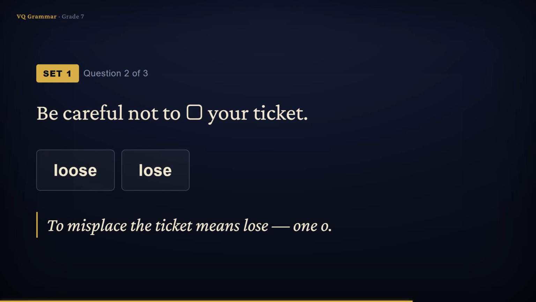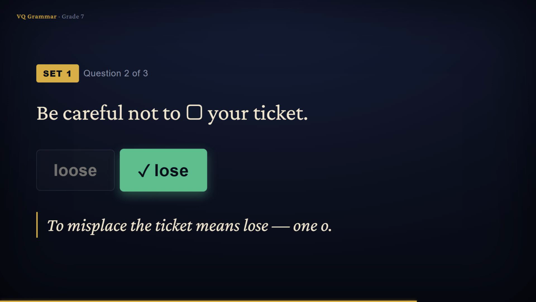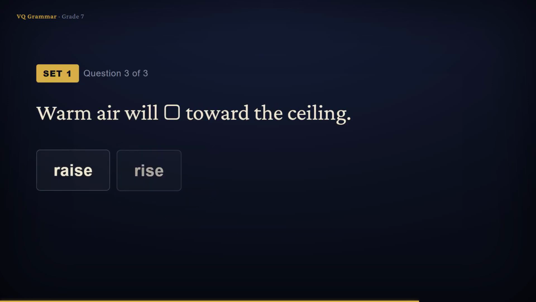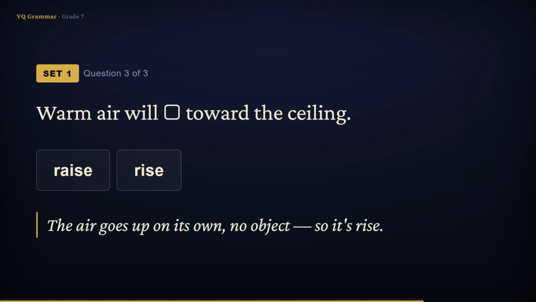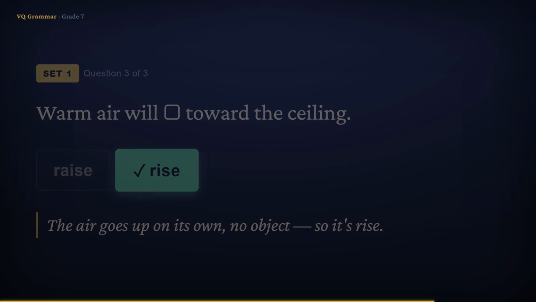Misplacing something is lose with 1 O, so the answer is lose. Warm air will blank toward the ceiling. Raise or rise? The air goes up on its own. Nothing lifts it. Going up by itself with no object is rise, so the answer is rise.